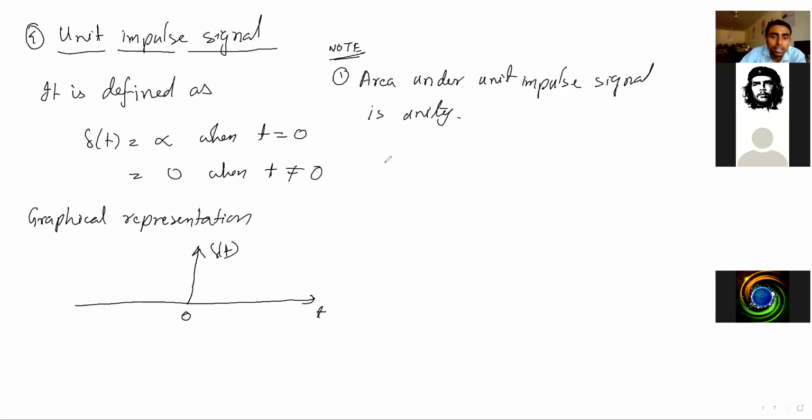Unity means 1. So we can write it mathematically also: minus infinity to infinity del of t dt equal to 1. Okay. So area under the infinity.